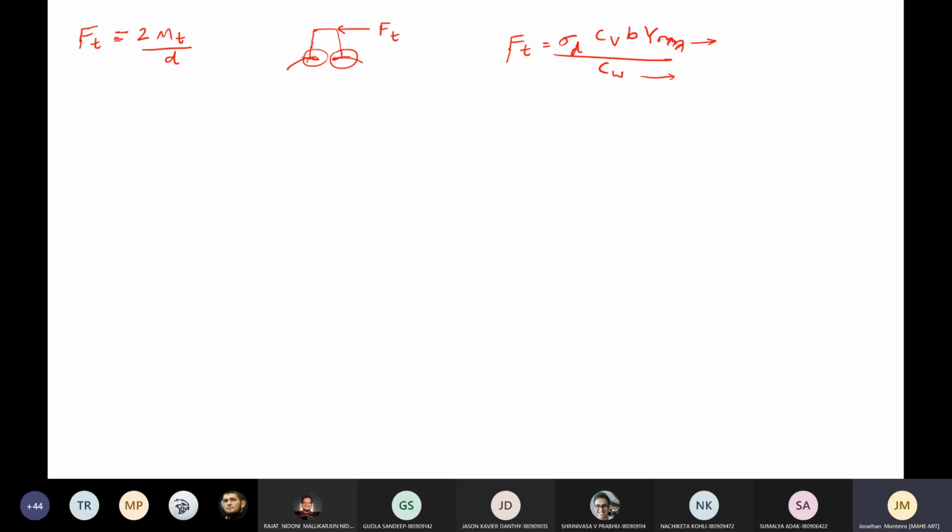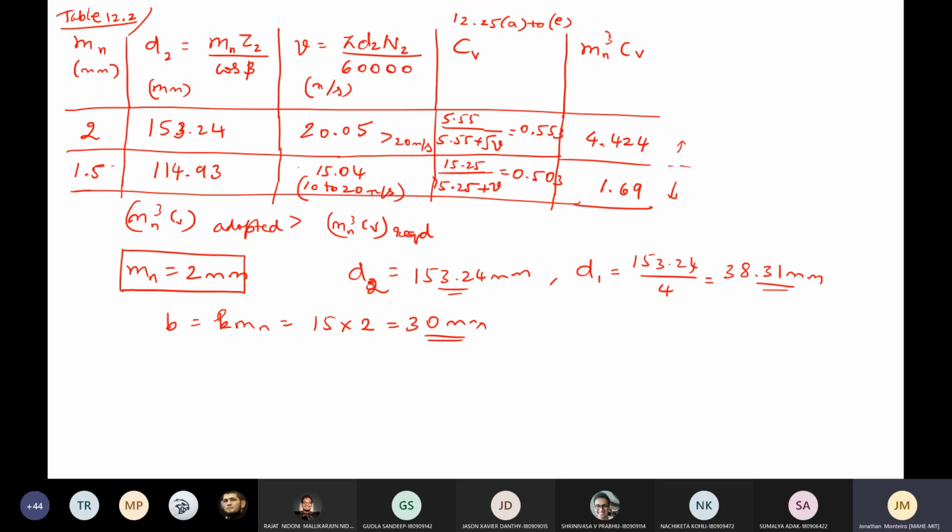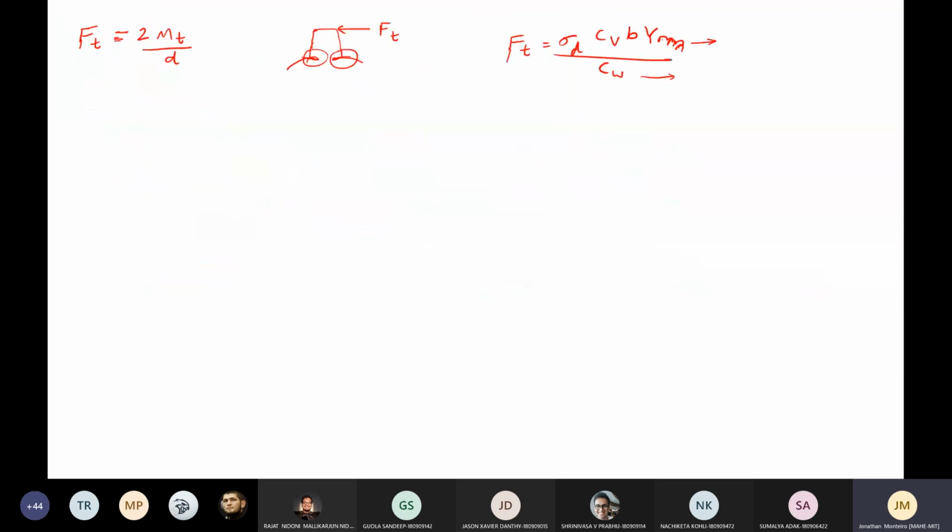In this problem, the required Mn cube Cv was found to be about 2.21, and we adopted around 4.4, double. We could not go anything lower than this because there is a preferred series of choices.